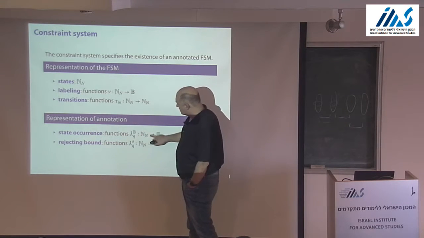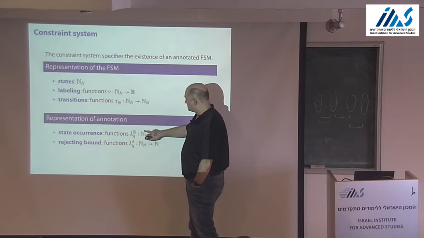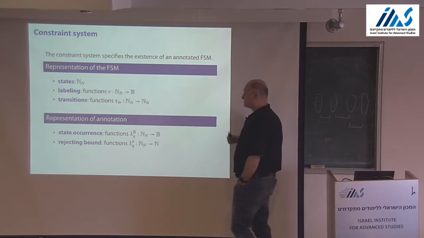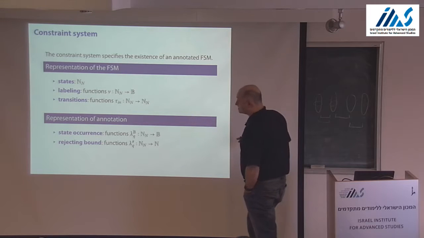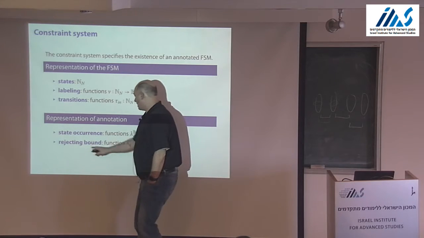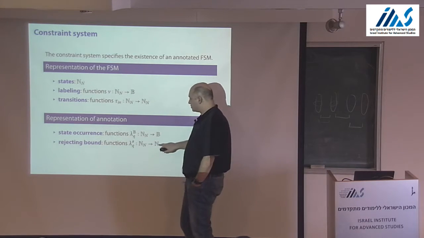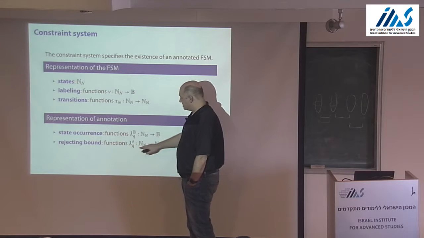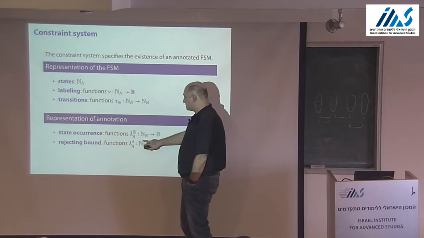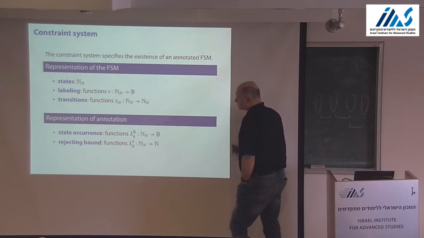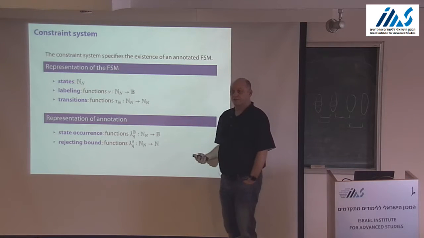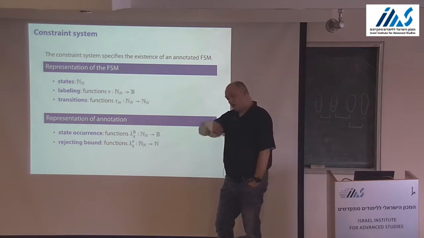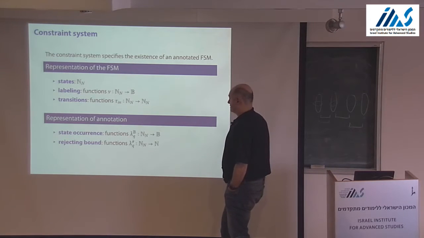So I map the states to a Boolean value that indicates whether or not that state is present. And I have a rejecting bound. So this is again a natural number that indicates for each state of the automaton and state of the finite state machine, what is this bound on the number of visits to rejecting states on paths into that state.